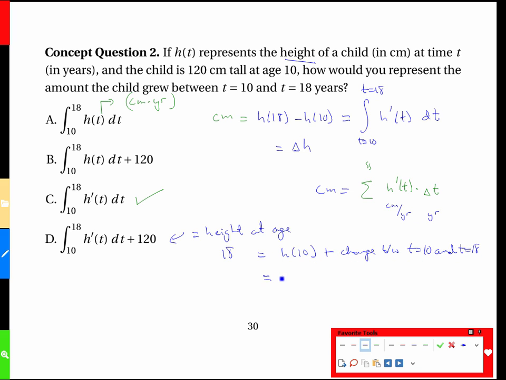So if we started at 120 and we gained the integral value, h prime of t dt, that would give us the net height at age 18. But if we're just interested in the difference, the net change theorem says the integral itself tells us how much our quantity has changed if we integrate the rate over some particular interval like this.